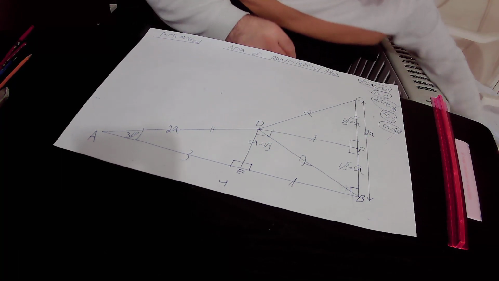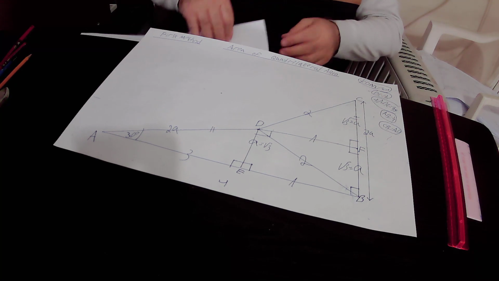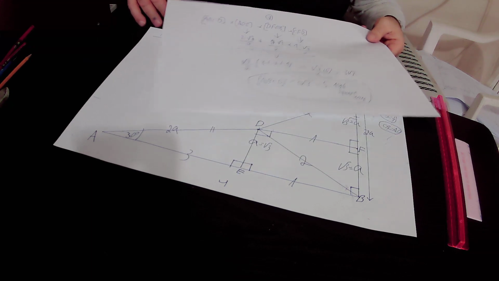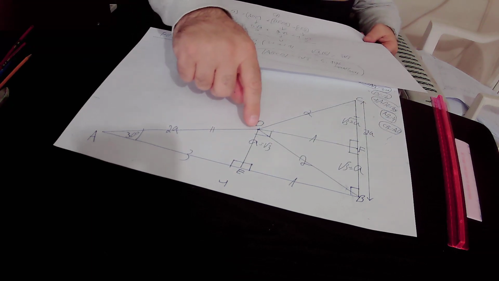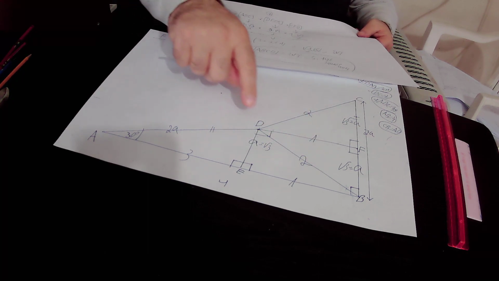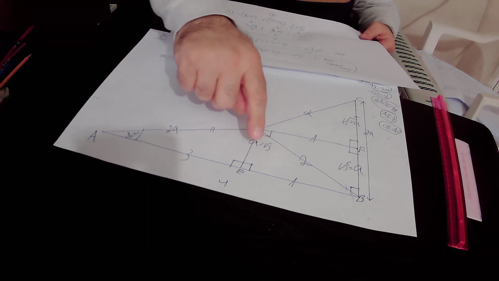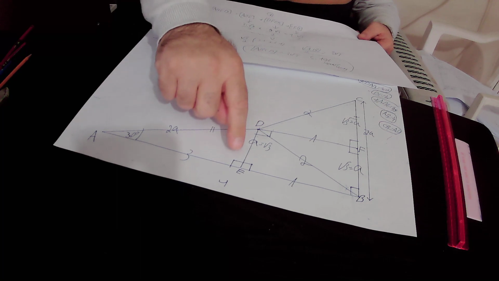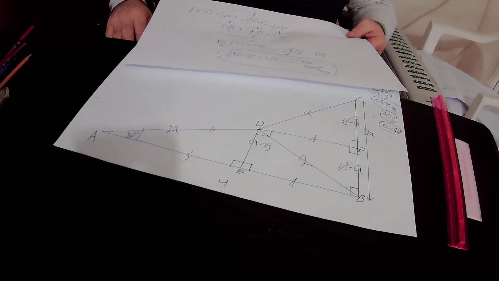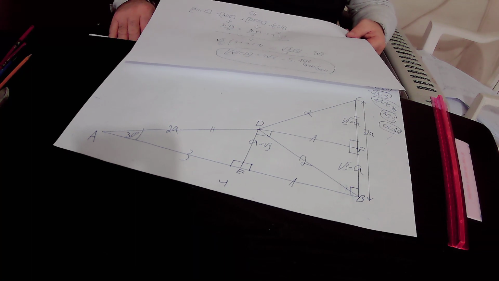And then we focus on the right triangle DEB, and we implemented the Pythagoras theorem on the right triangle DEB.